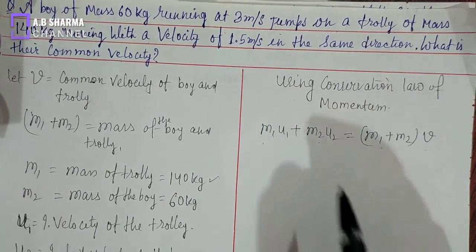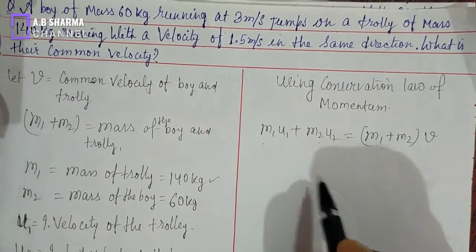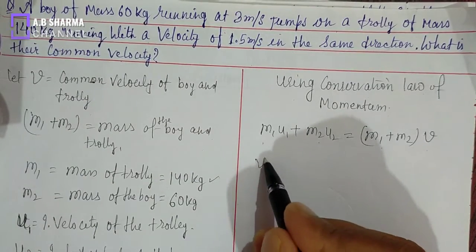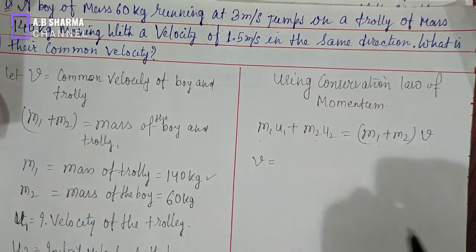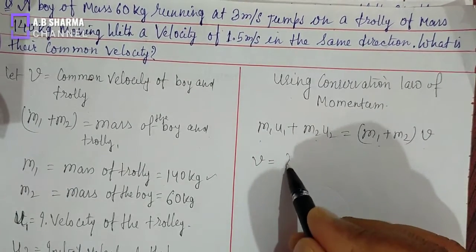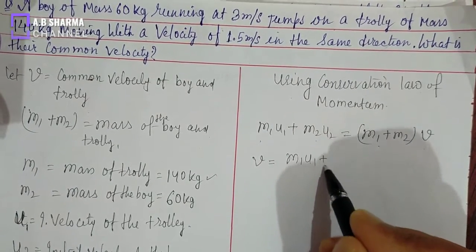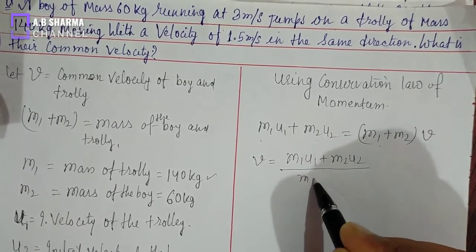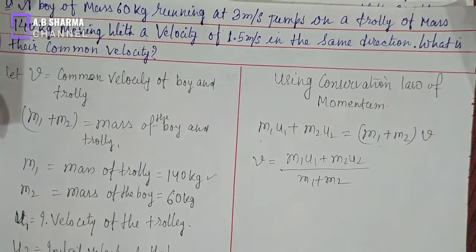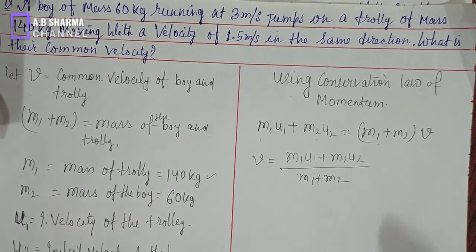Now we have to calculate v, the common velocity. So we can modify the formula: v equals m1 u1 plus m2 u2 over m1 plus m2. Now solve this expression.